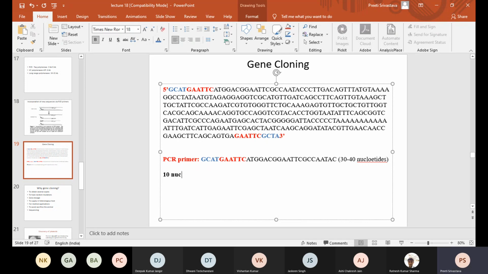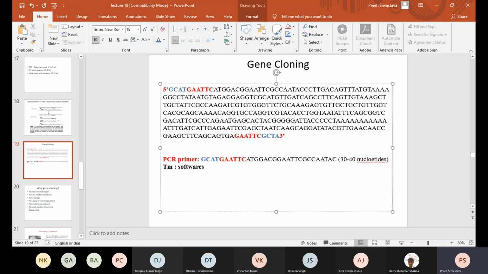In such cases, when you have such long PCR primers, the formula for calculating the TM will not work. So in such cases, you can use software. There are primer designing software programs.